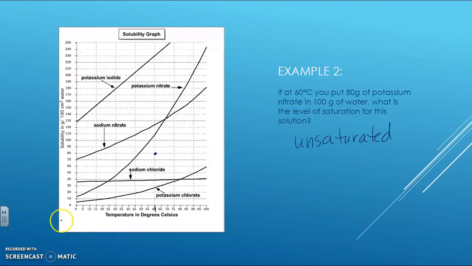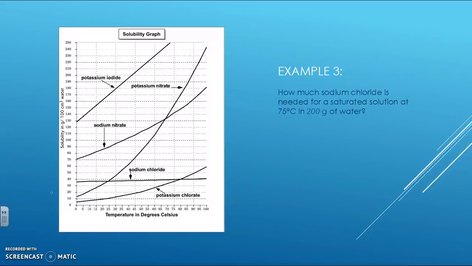Right? And then for our last question, it says, how much sodium chloride is needed for a saturated solution at 75 degrees Celsius in 200 grams of water? So now we're at 75 degrees Celsius, and they want to know how much sodium chloride, so we go until we hit the line for sodium chloride, which just so happens to be here, and that would be 40 grams.